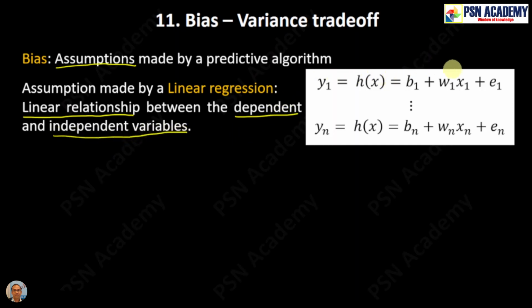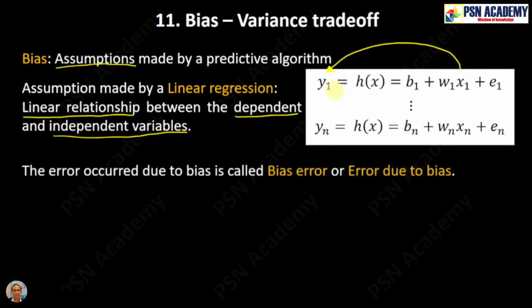See on the right hand side, here we have one independent variable, that is x, and one dependent variable, that is y. And this algorithm assumes that there is a linear relationship between this x and y. And due to this assumption, there will occur an error. And that error we call bias error or error due to bias.